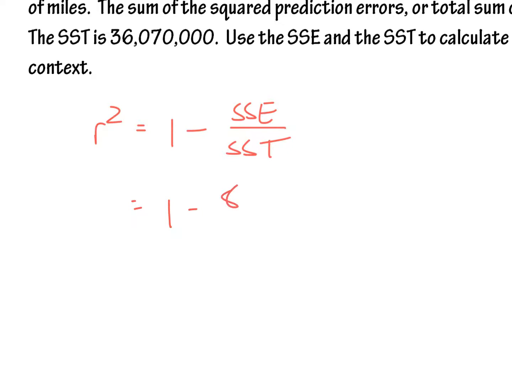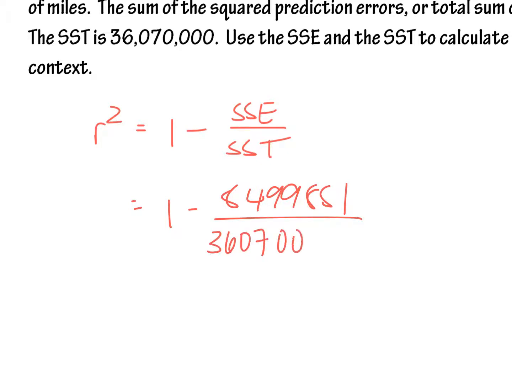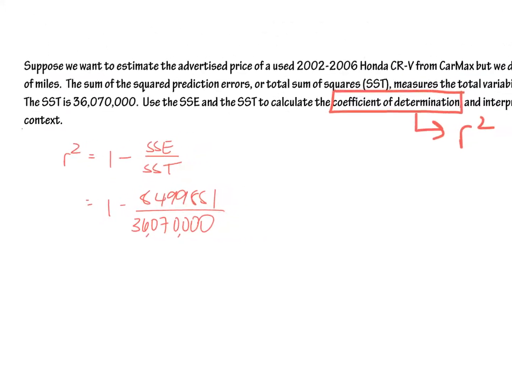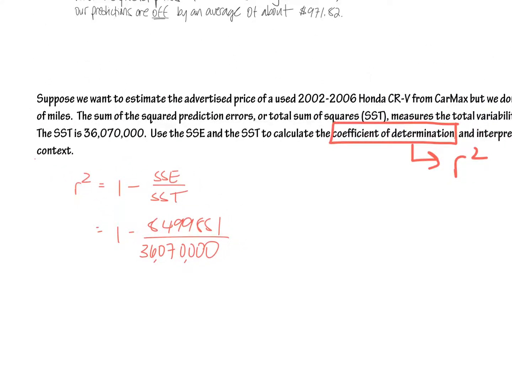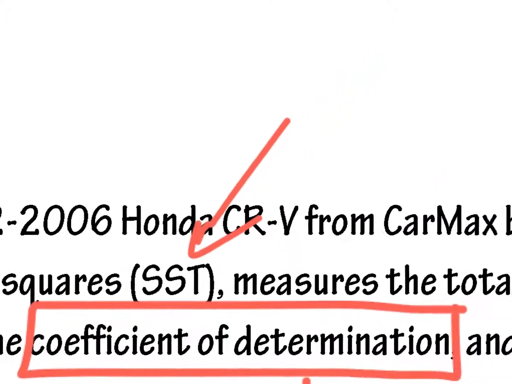So our SSE from above was 8499851, and the SST we were given also, 360740. So a big number. And what is this SST, you might be wondering, and how does it differ from the SSE that we did earlier? This SST right here is almost the same thing.